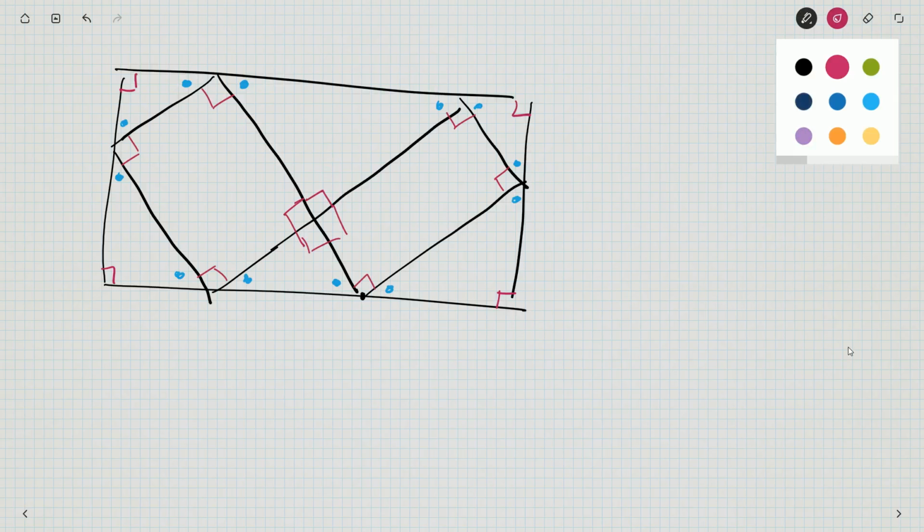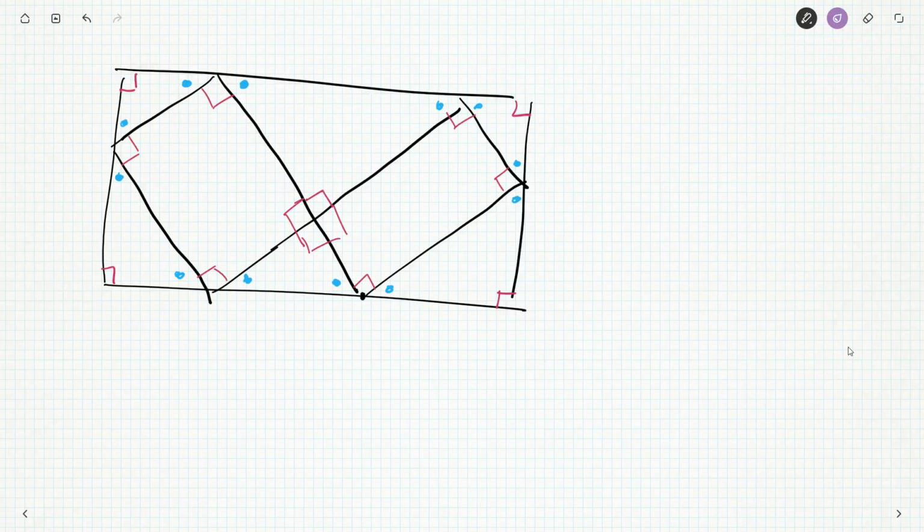Now, in terms of the perimeter, because that is what we want to talk about, I know this length is equal to this length, just because we've got isosceles triangles here.